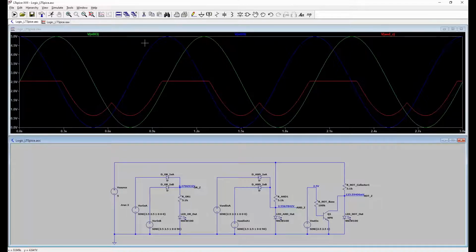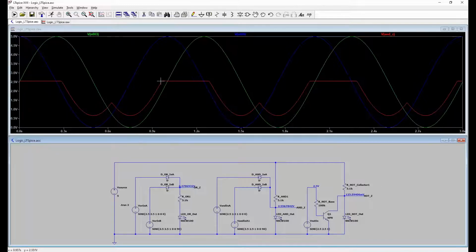So you can see that B is definitely above 2.5 volts, but it doesn't actually make the output rise above 2 volts until B is above 2 volts and A is above 1.25-ish.